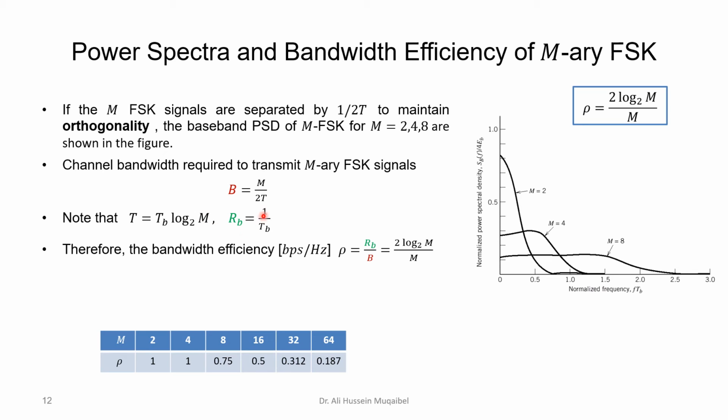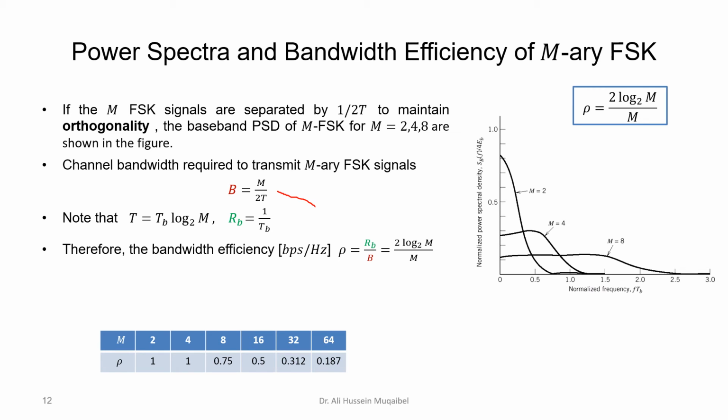The bit rate is 1 over the bit duration. So we know the bandwidth, we know the bit rate. The bandwidth efficiency is basically measured in bits per second per hertz. That's rho equal to RB divided by B. Now let's do the substitution here.